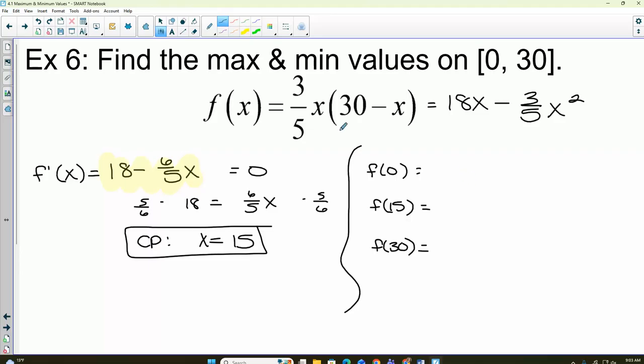So if I put in 0, 0 times 30 minus 0 is 0. If I put in 30, I get times 0, so that's also 0. What did you get when you plugged in 15? 135. Okay, so what's my min? 0, 0, 0. Good.